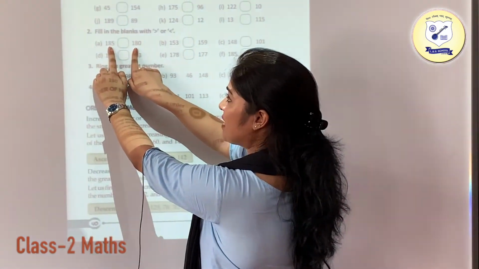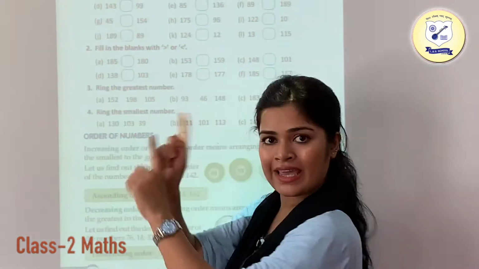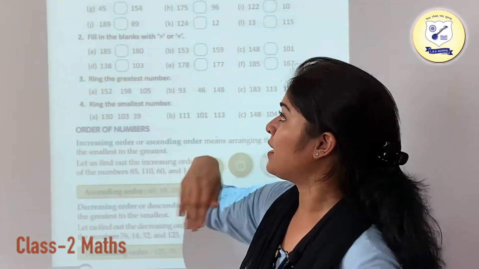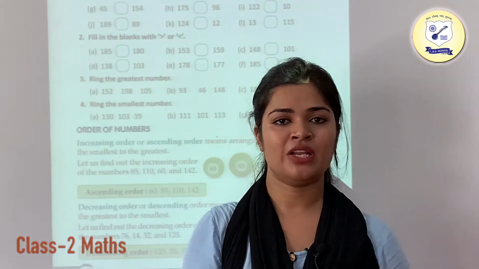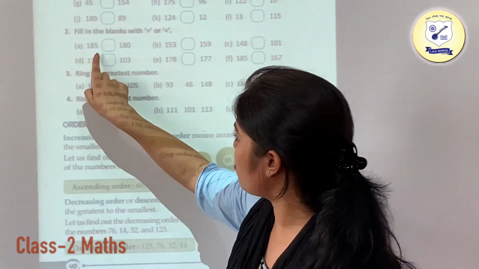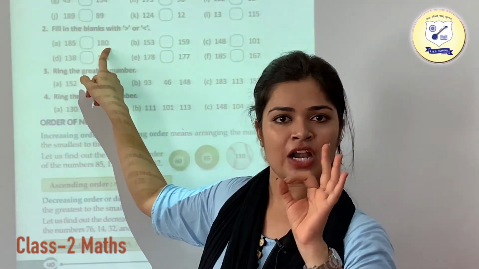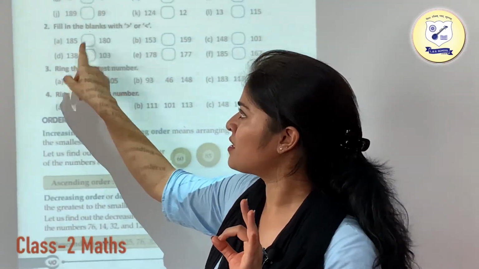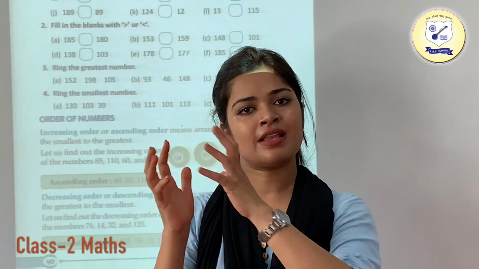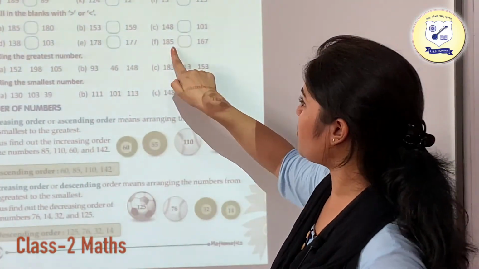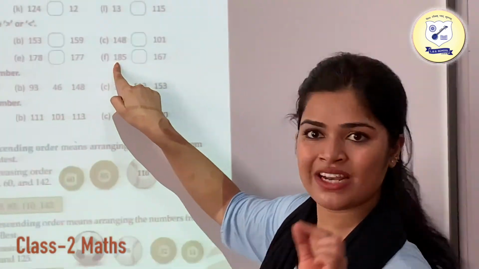Next we check the tens place value, which is again the same, since we have 8 on the tens place of both numbers. Then check the third place value, which is the ones. So this is 5 and this is 0. Since this 5 is greater than 0, this whole number is greater than 180. Okay.